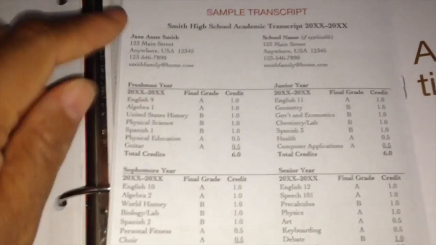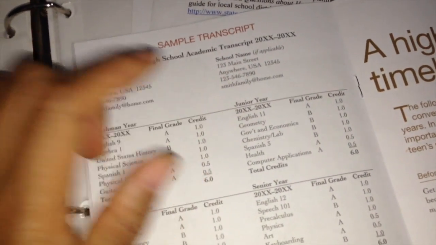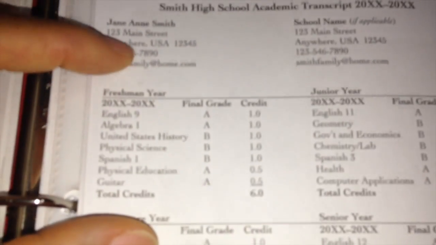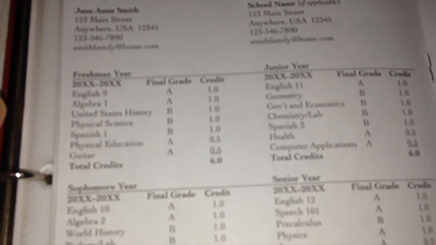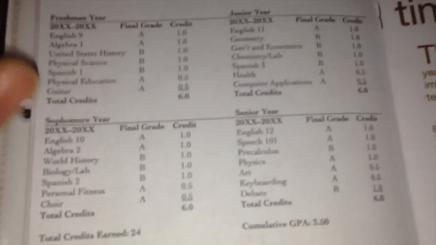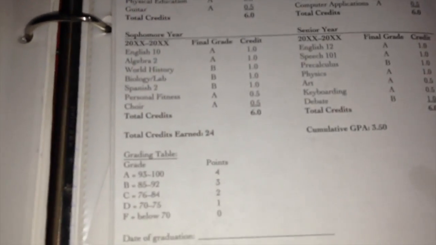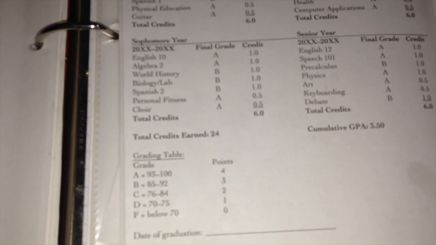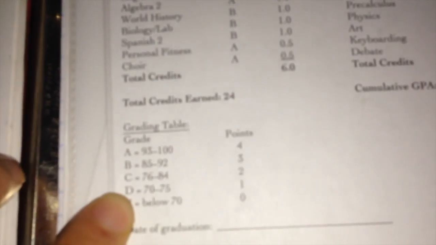Then you have the student's name and address, and what they took the freshman year. So as you can see, it's still basically the same setup. And this is a good map for you to put your courses in order so that you can have an idea and plan for the future.